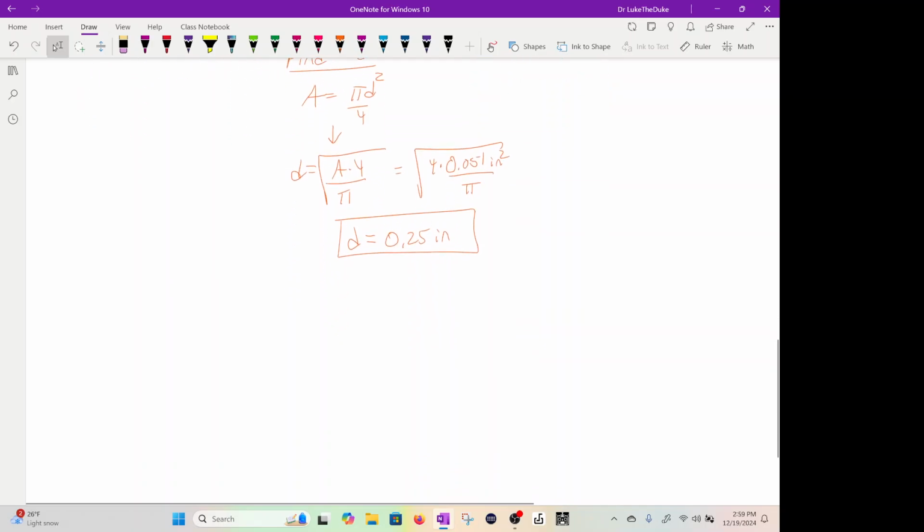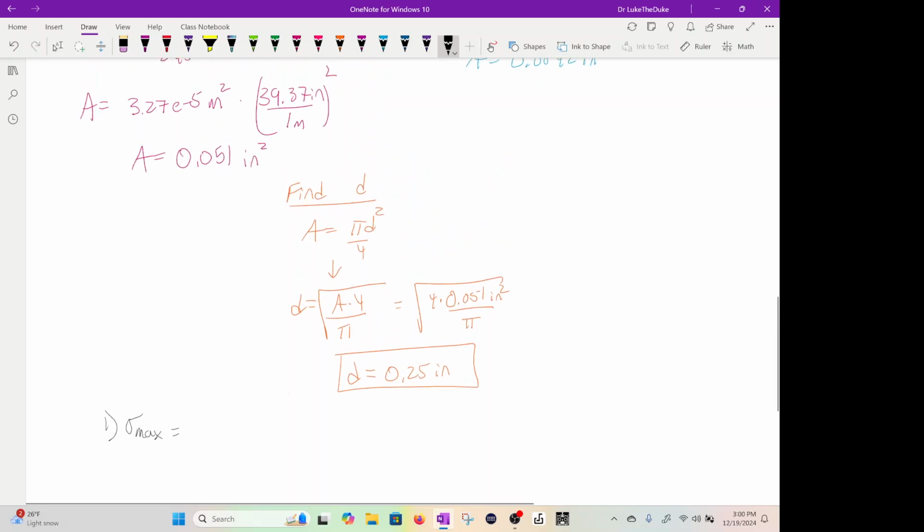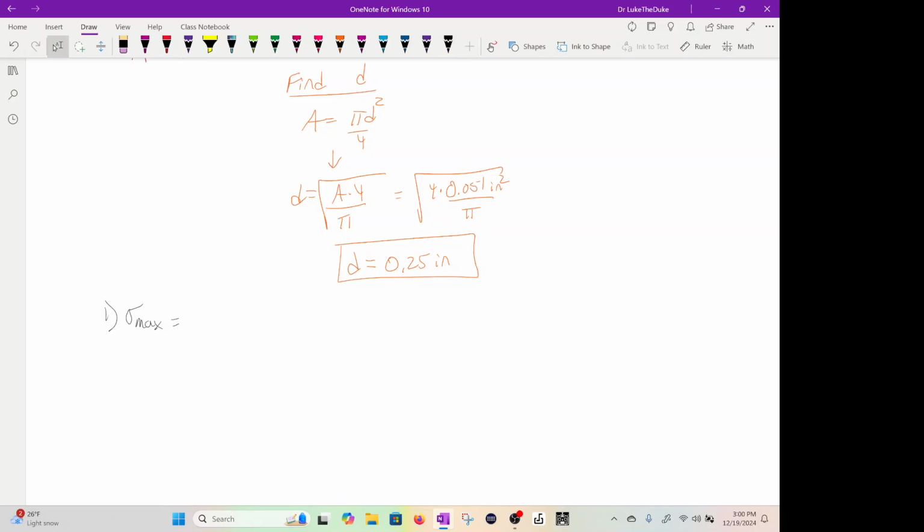And now what I want to show you is how we get a graph that shows sigma max, sigma min, and some parameters that we're going to use in the next problem. Okay, so we're now going to find sigma max based on this area that we selected. So we have 1,800 pounds divided by 0.051 inch squared.